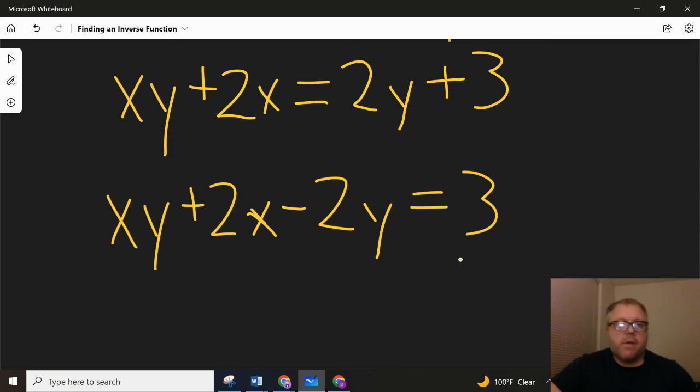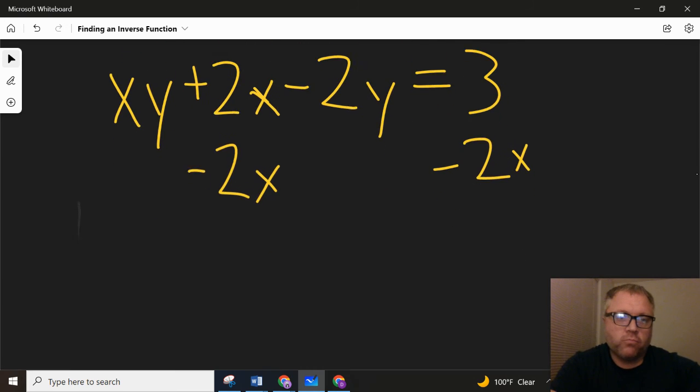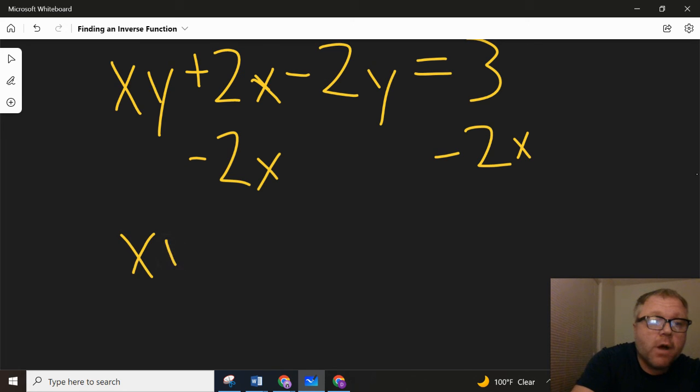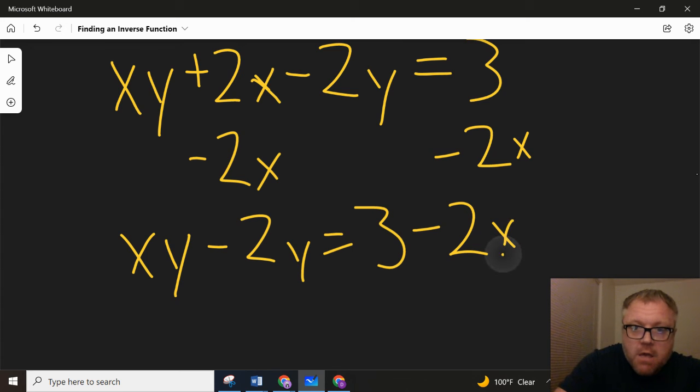Now that y is on one side, let's get everything else over there. First thing, let's get rid of this 2x here. Subtract 2x on both sides. x times y minus 2y equals 3 minus 2x. There, perfect.